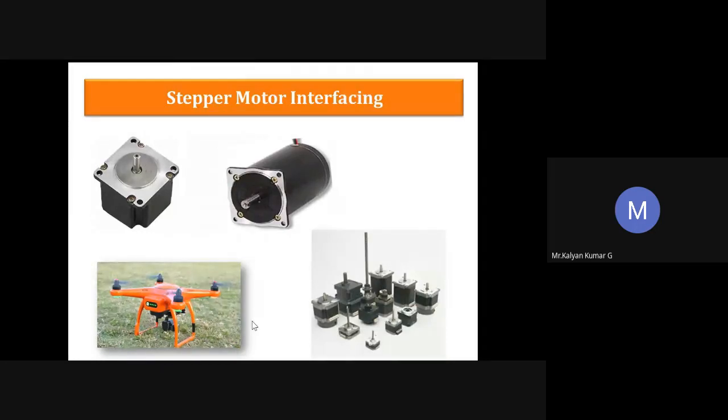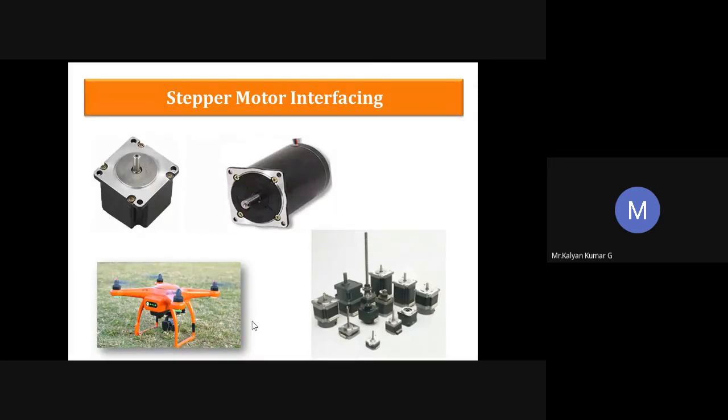It's one category, and all of this comes under the type called hybrid motors. Anyway, this is a small view of stepper motors. Here one example given is drone cameras, where we normally use stepper motors.